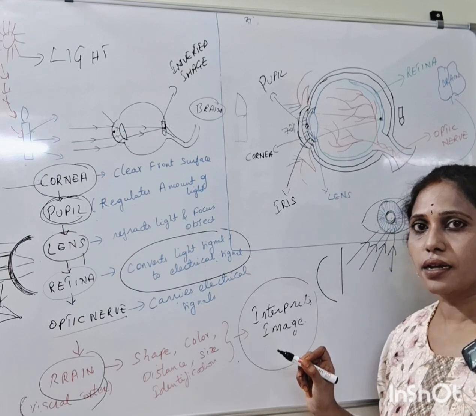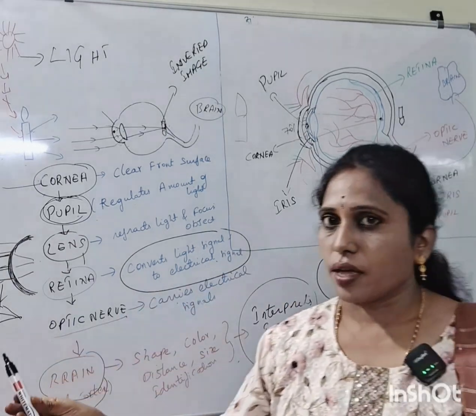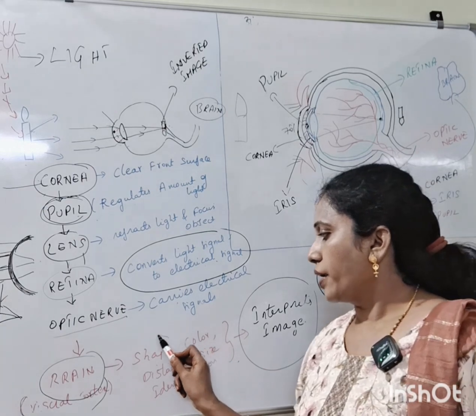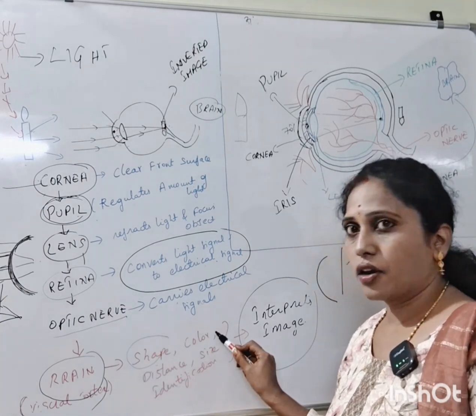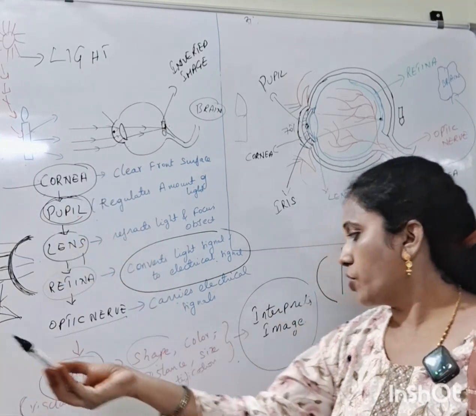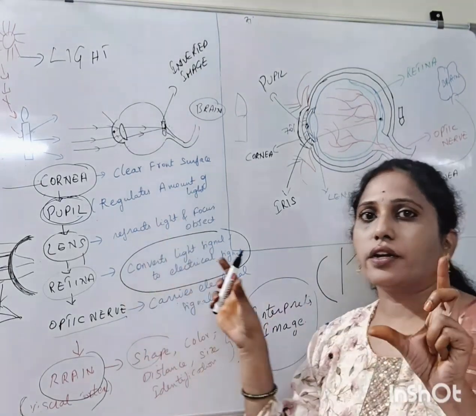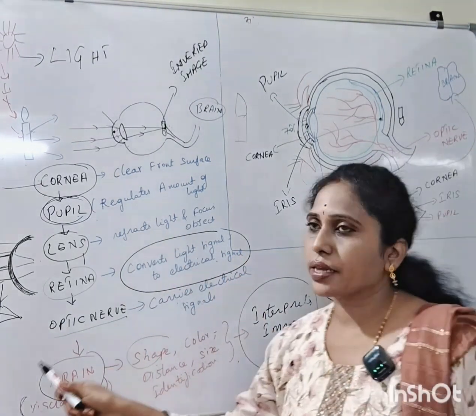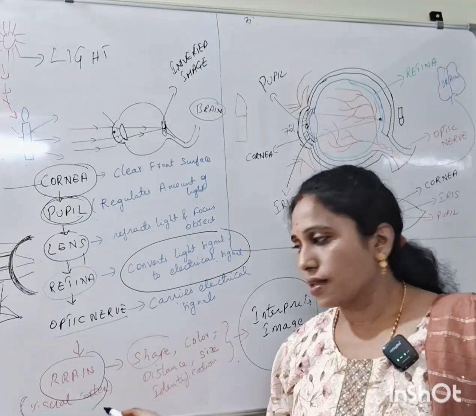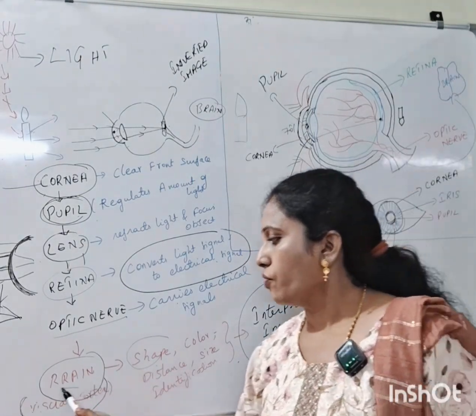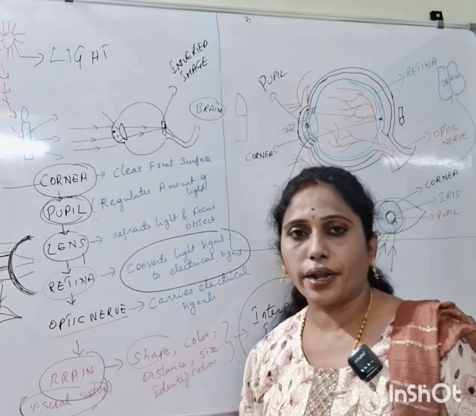Interpreting is nothing but identifying the location of the object, the shape of the object, the color of the object, at what distance the object is located, and what the size of the object is. Everything related to the object is done by the brain, in the visual cortex. The whole process takes place in the visual cortex, which is present in the brain.